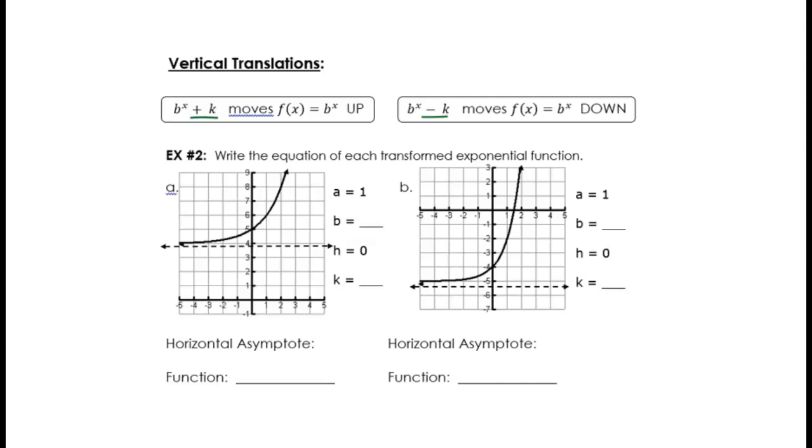The distance from what used to be the horizontal asymptote to what is now the new horizontal asymptote. So what's this distance? 4. So 4 is my what value here? K. So you get your k value by looking to see how far your horizontal asymptote has traveled.